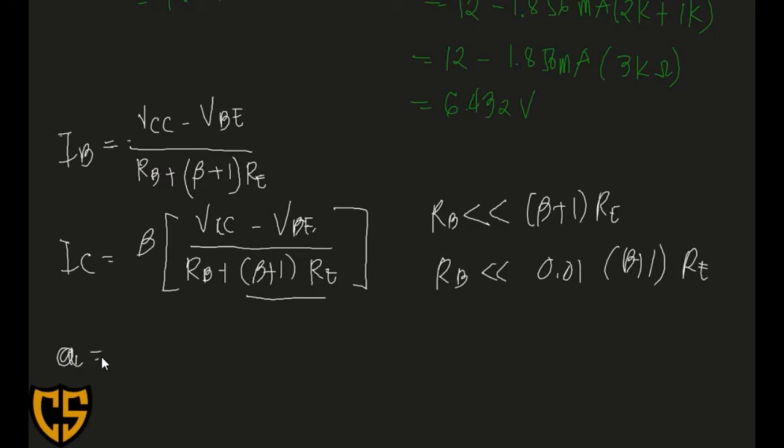So the value of alpha is IC all over IE, or you can write IC is equal to alpha IE.